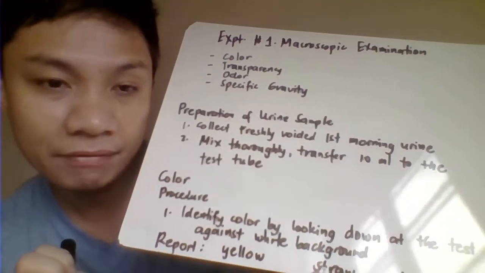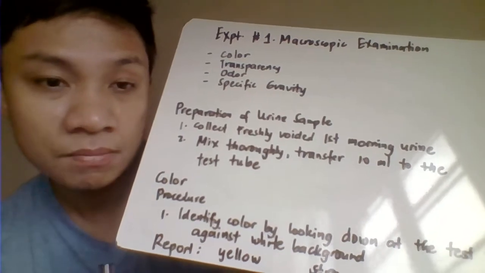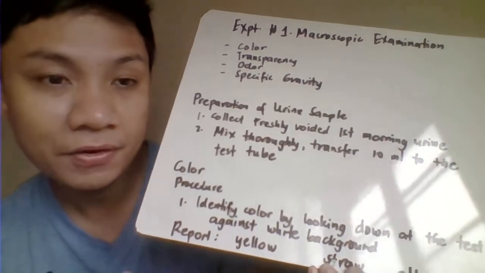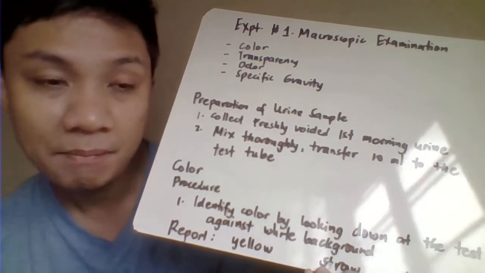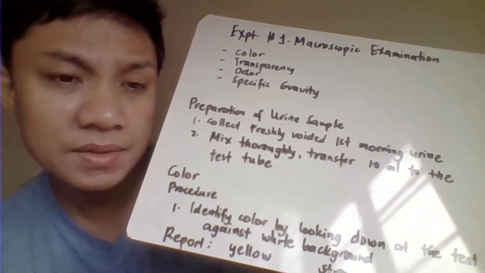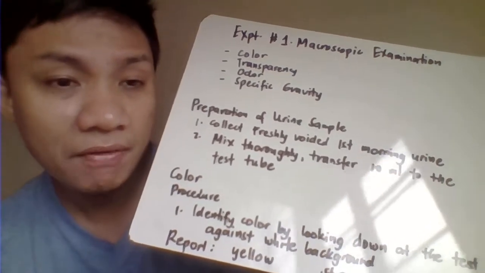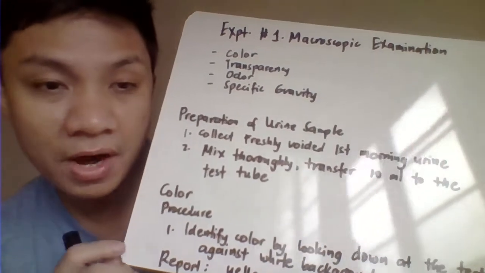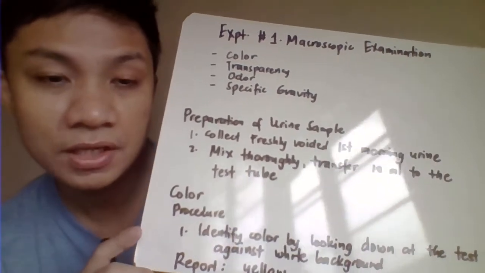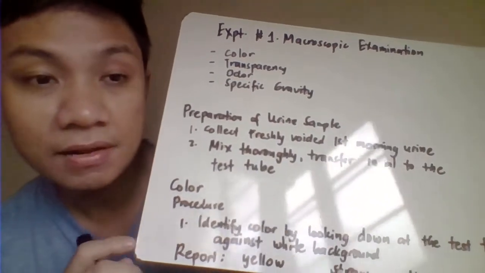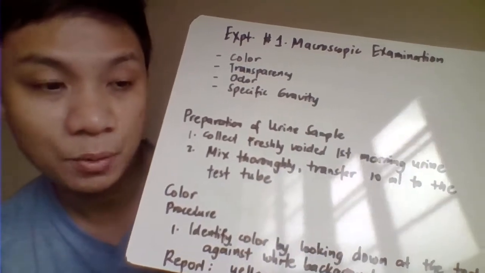Another is the chemical examination, which allows us to determine the presence of different analytes in your urine sample or dissolved as part of the sediment. The third is the microscopic examination, which enables us to identify the cellular sediments under the microscope.